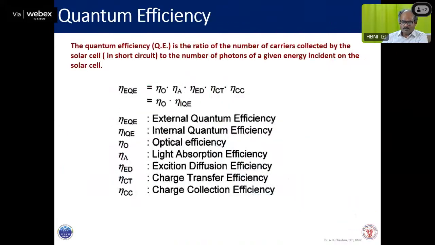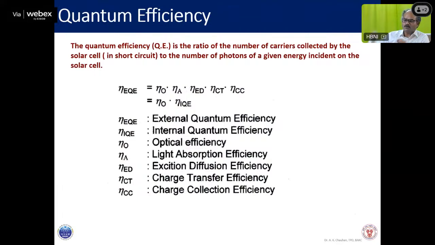Now I will just touch upon the quantum efficiency. Quantum efficiency is the ratio of the number of carriers collected by the solar cell to the number of photons of a given energy incident on the solar cell. So how many photons are absorbed by the solar cell, and how many electron and hole pairs are generated?